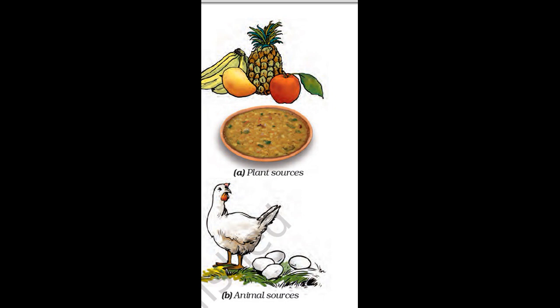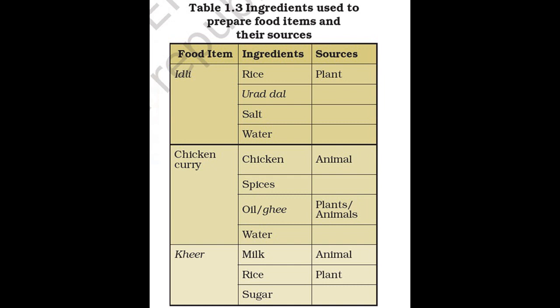If we look at this picture, we see the plant sources: pineapple, banana, fruits, and vegetables. And in figure B, we see the hen with eggs. All these things come from animals, and we'll study the details in the table.